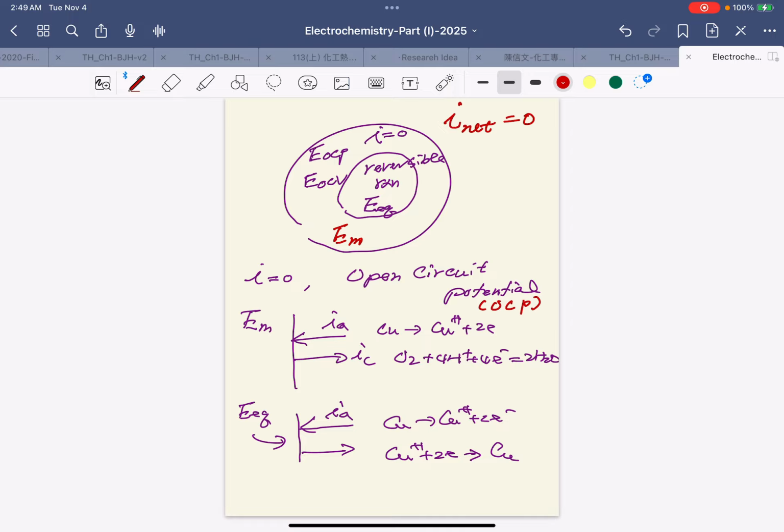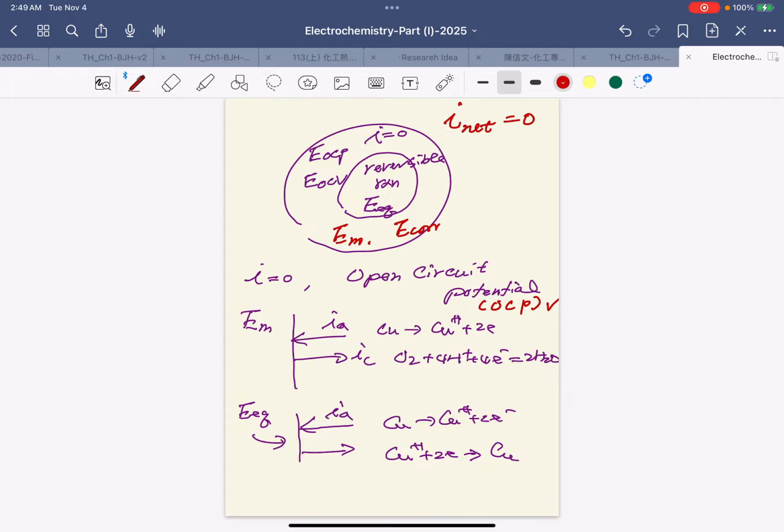OCV is more complicated because it involves 2 electrodes. OCP only looks at one electrode, so it's much simpler. Or E mix, we just mentioned the mixed potential, or E corrosion.